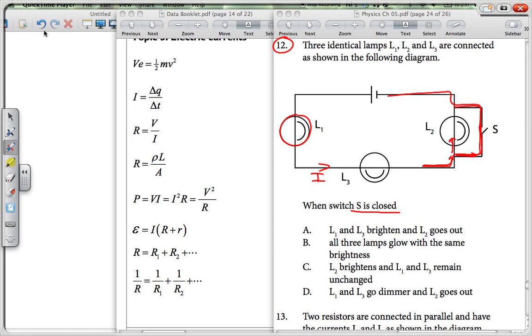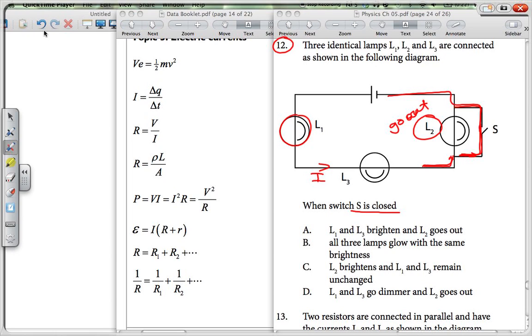You won't have any meaningful amount of current that will actually go through the light bulb. So we're going to have, therefore, a lowering of the resistance of the circuit. This lamp, L2, is going to go out. This one will go out because there will be no current going through it.